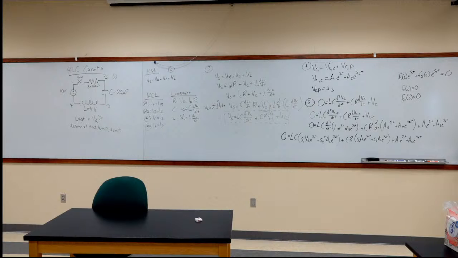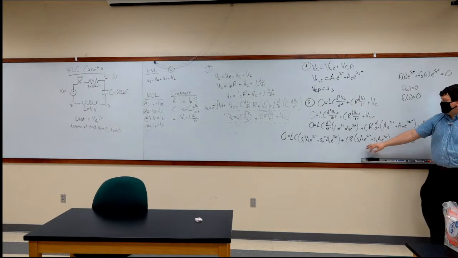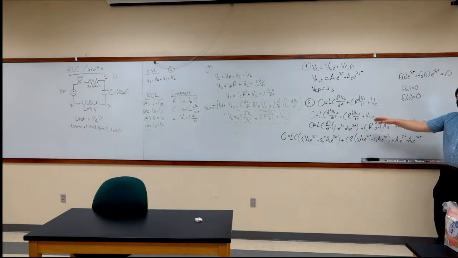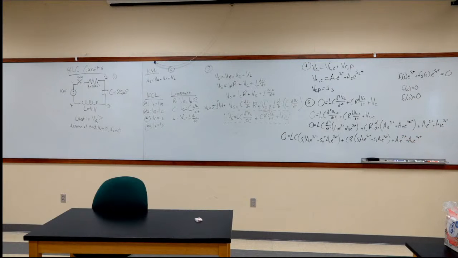Or F1 and F2, both functions of constants, which are just A2 and A1, S1, S2, multiplied by all of these things added together, have to be equal to 0. We're going to go under this assumption, because if S1 equals S2, it creates a weird singularity.